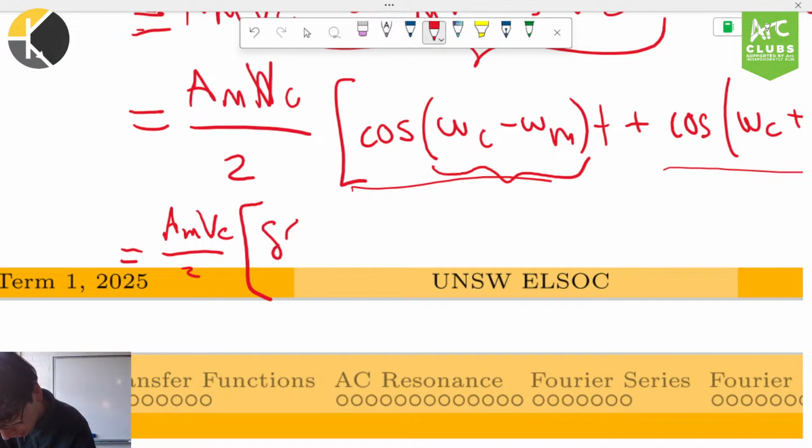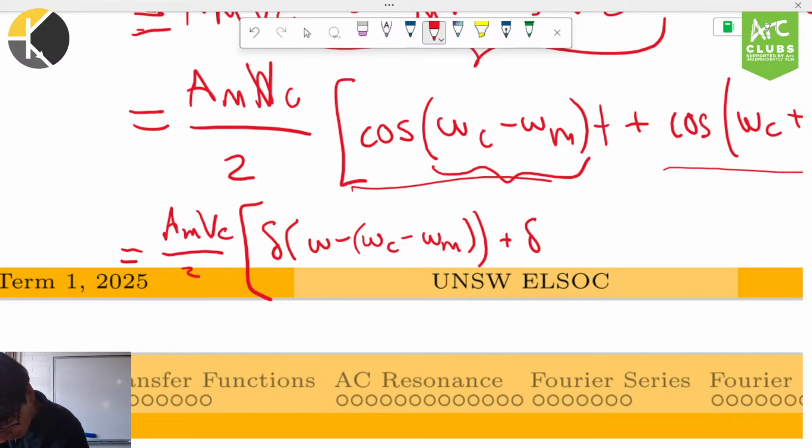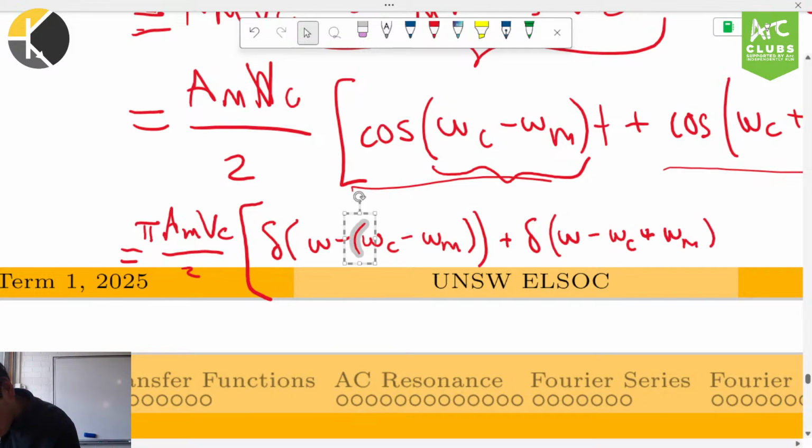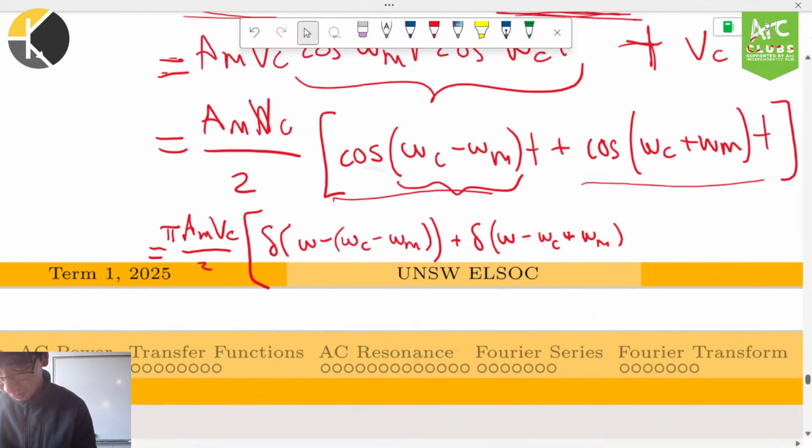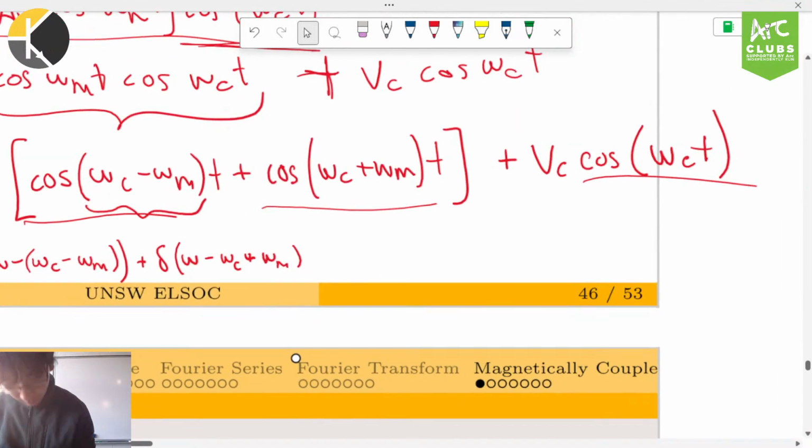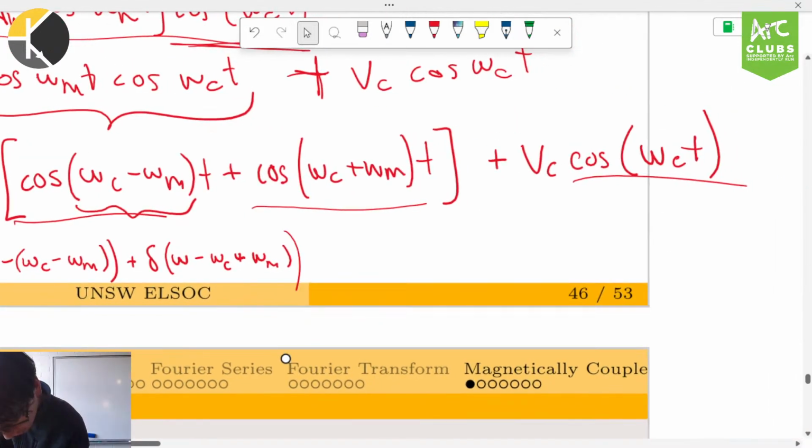So we're going to have delta omega minus omega c minus omega m in brackets, plus delta, sorry, there should also be a pi, omega minus omega c plus omega m, which comes from this next term that we have. Cool. And then we'll keep going. So we have plus delta omega plus omega c plus omega m.